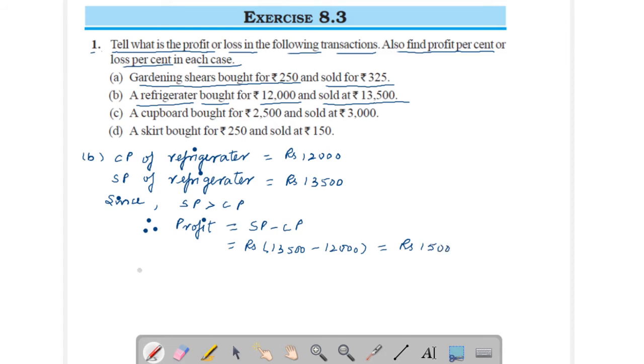Therefore, profit percent is equivalent to profit upon CP into 100%.